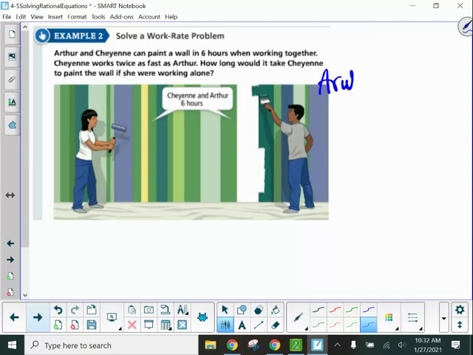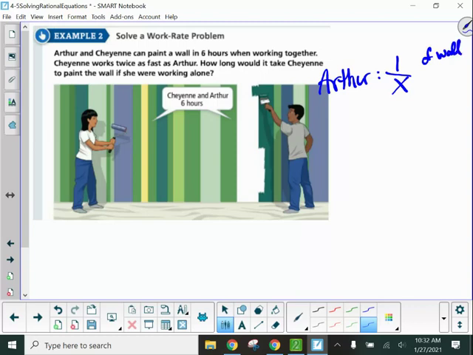So with Arthur, maybe if I could spell Arthur's name correctly. So Arthur, he can paint 1 over x of a wall in an hour, because it's obviously going to take him longer than an hour. So for example, if it took Arthur 10 hours to paint a wall, he could paint 1/10 in an hour.